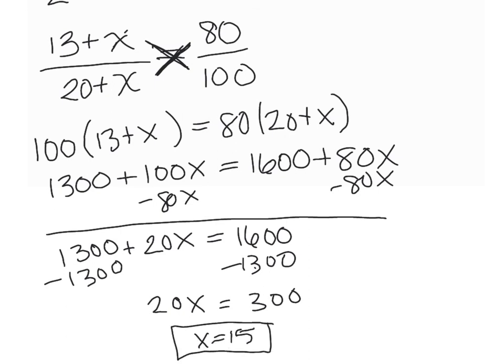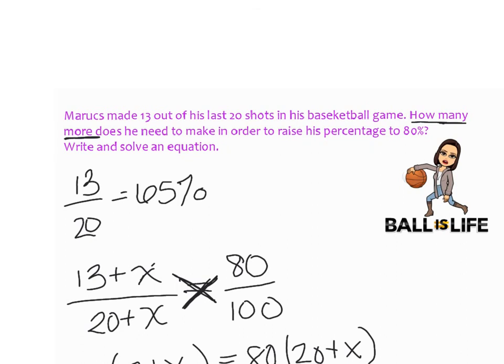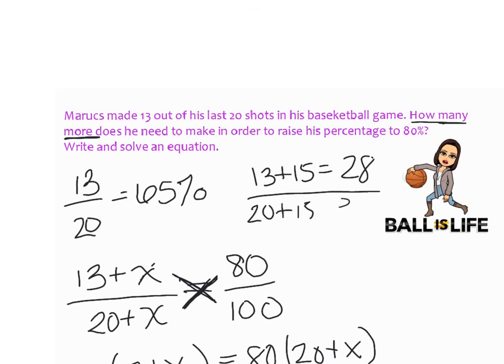So that's how many more shots Marcus needs to make in order to raise his percentage. If we plug that in right here, let's try it: 13 plus 15 is 28 out of 20 plus 15, 35. And if I take 28 and divide by 35, I do get 80%.